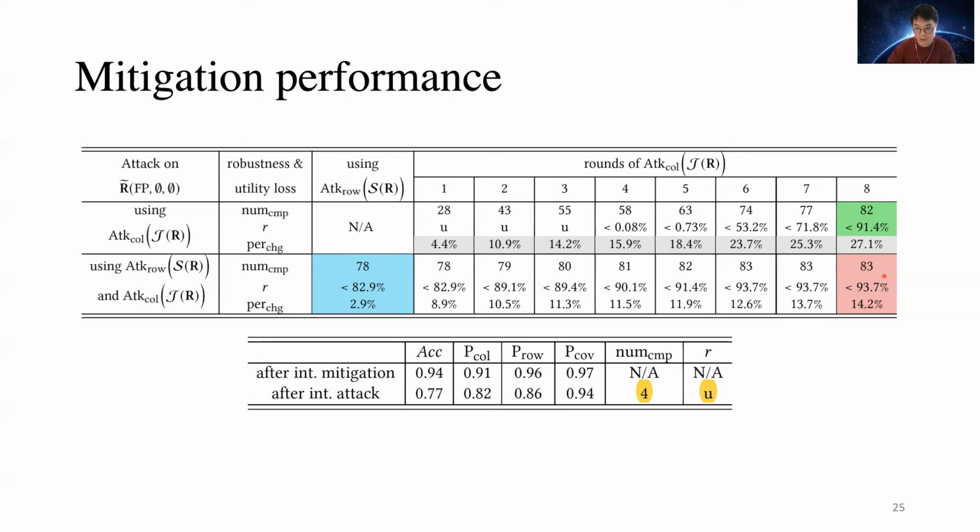But if he launches the same attack after the database owner has conducted the mitigation technique, he is only able to compromise 4 fingerprint bits. So there is a significant reduction from 83 to 4. As a result, if he leaks the database, it will be uniquely accusable by the database owner.